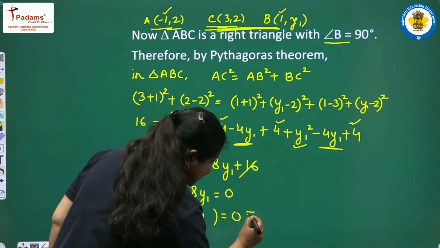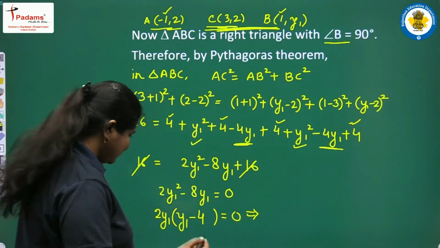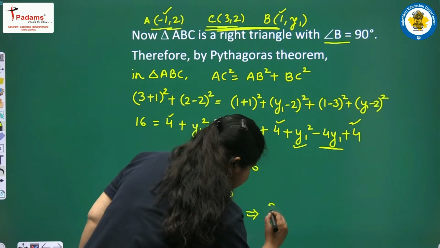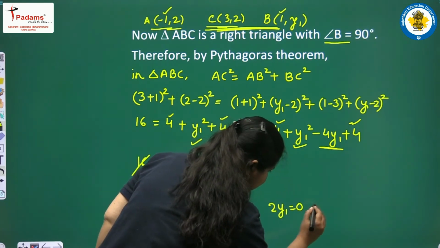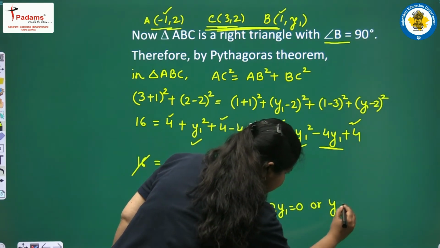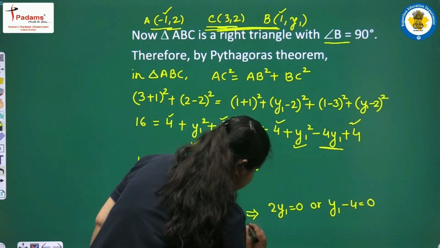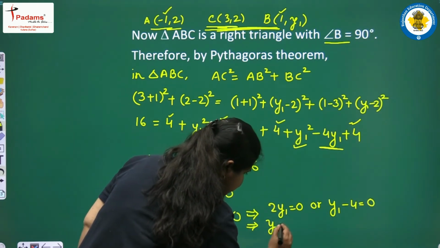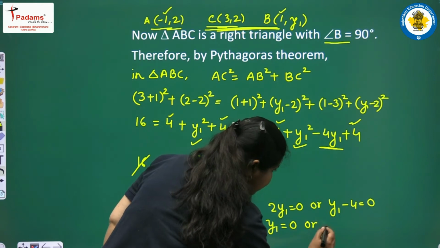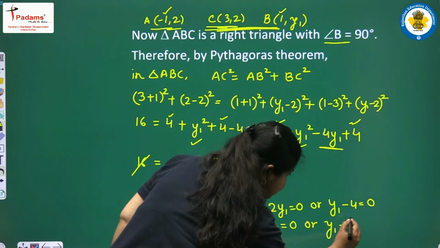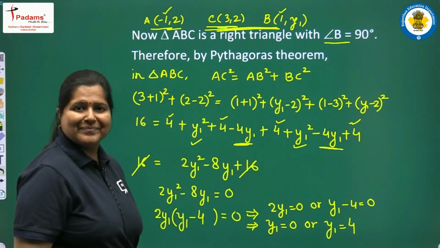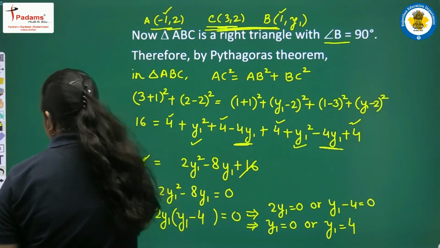From here we get 2 values for y1. Just see, this implies 2y1 equal to 0 or y1 minus 4 is equal to 0. This implies either y1 is equal to 0 or y1 is equal to 4. So here we are getting 2 values for y1.